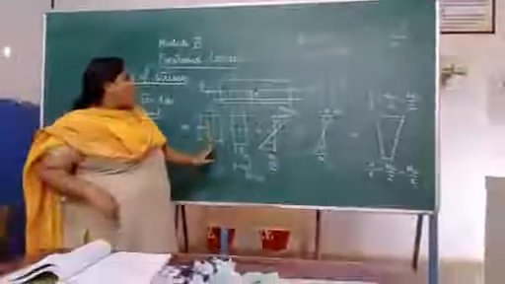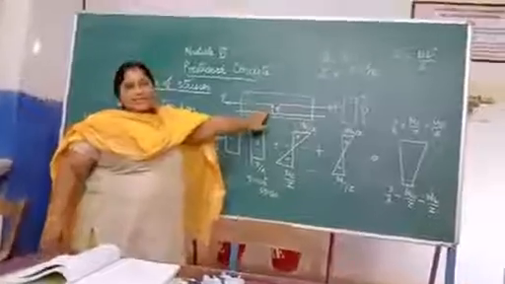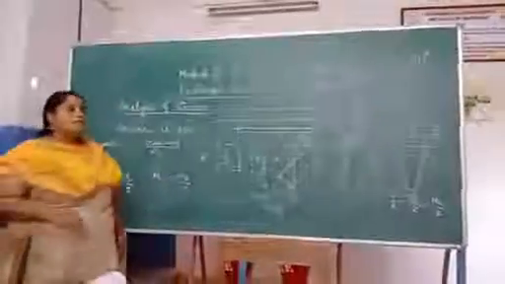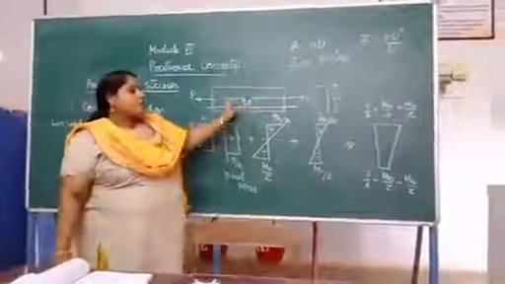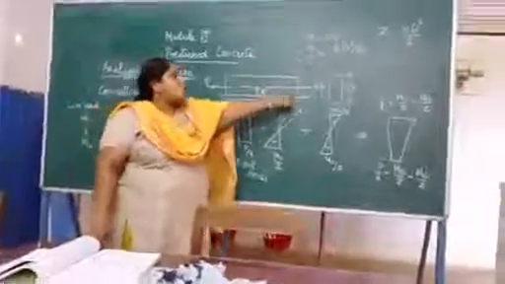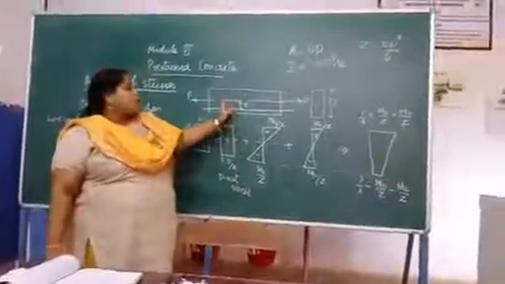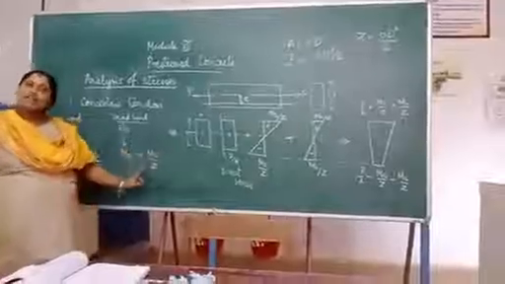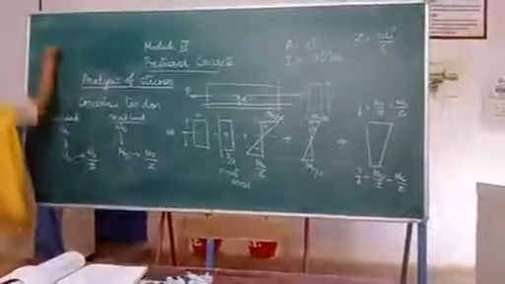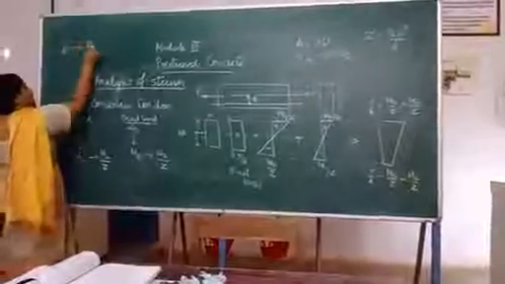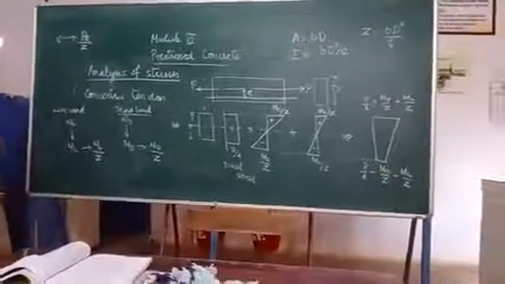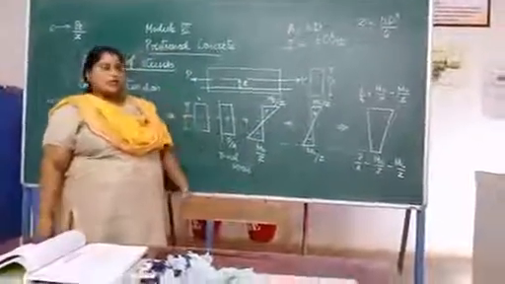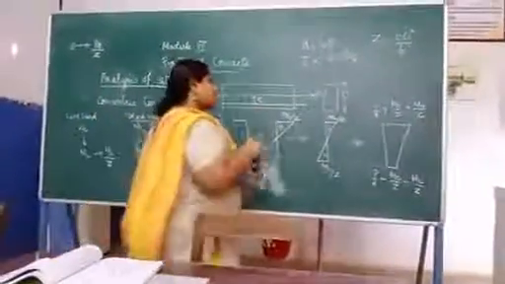The moment due to this eccentricity will be equal to P into E, and the stress will be P into E divided by Z. So in addition to these three stress distributions, we will have an extra stress distribution.